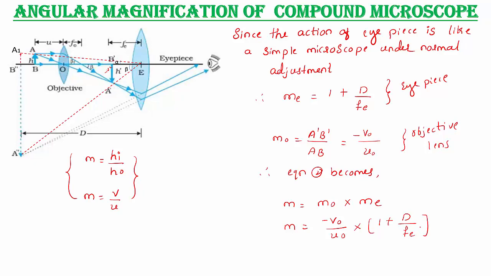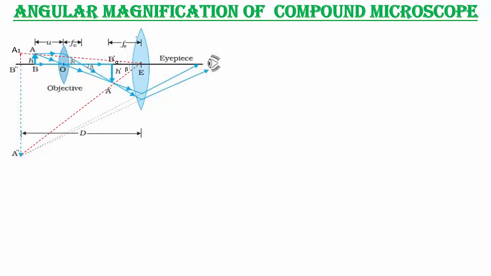This is related to eyepiece. So M equal to minus V0 by U0 into 1 plus d divided by Fe.